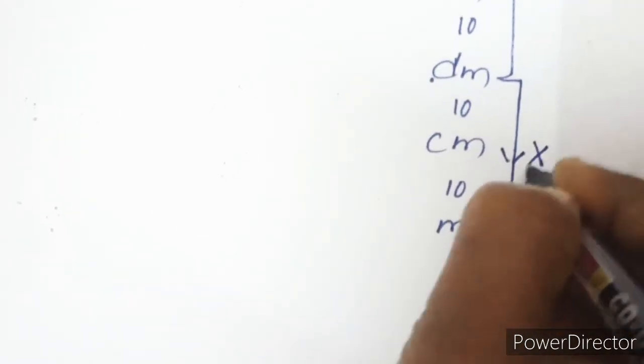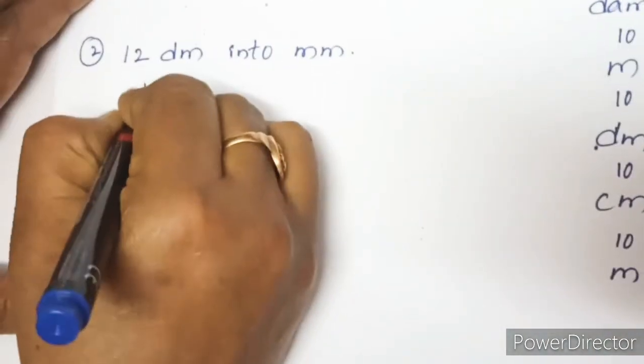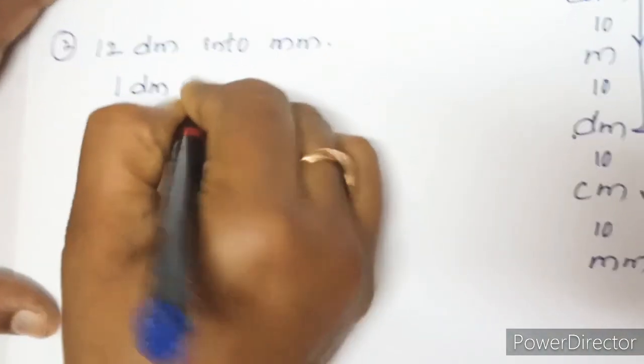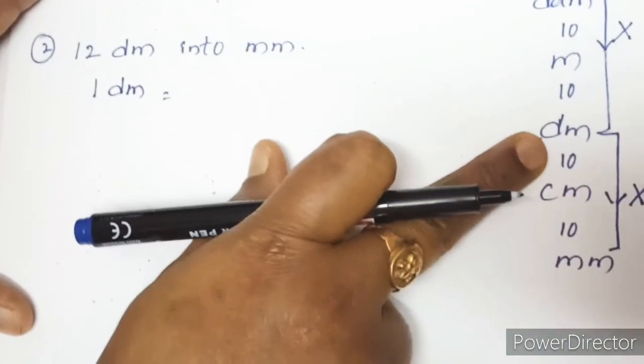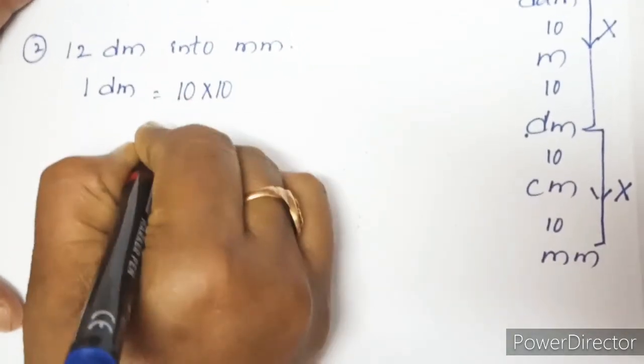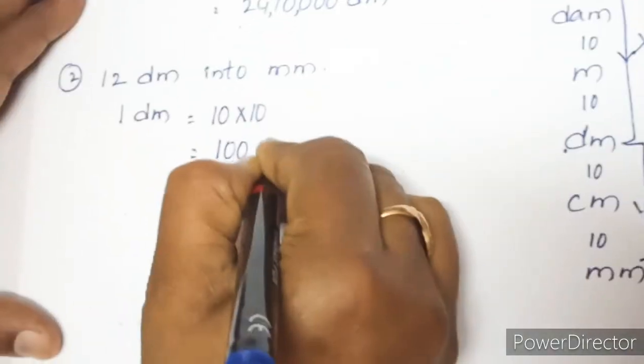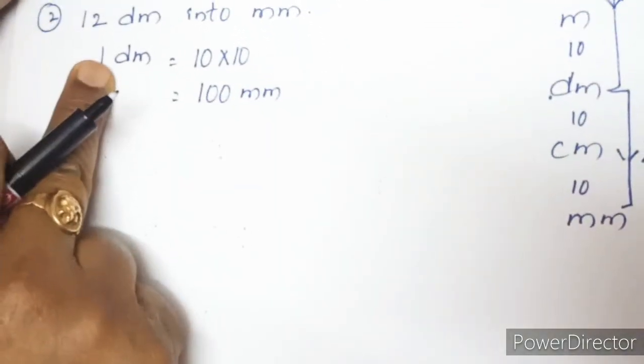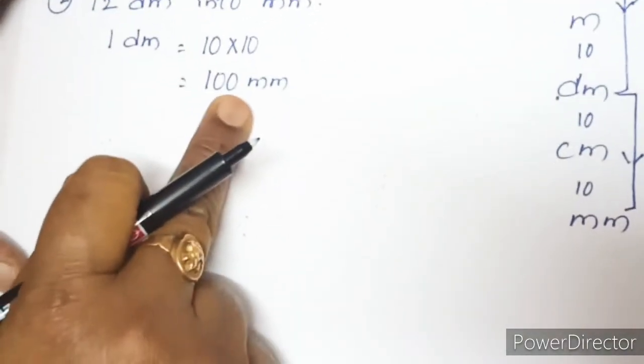So when you are moving down, what you need to do? Multiply. So first write 1 decimeter is equal to, how many steps are we coming down? 1, 2. 10 into 10, which is 100 millimeters. 1 decimeter is equal to 100 millimeters.